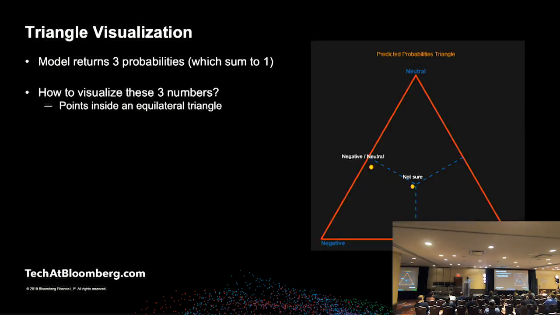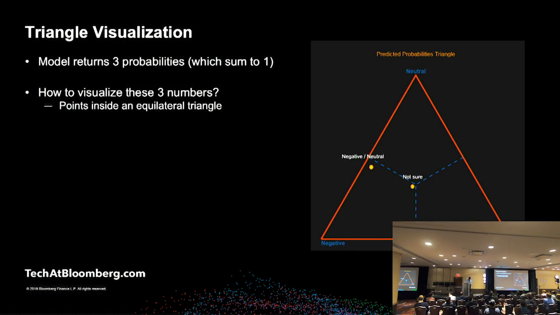A quick intuition on the triangle visualization. So recall that the model returns 3 probabilities which sum to 1. And the idea here is to visualize them as points inside an equilateral triangle. The location of the point and its proximity to the 3 vertices, which represent the 3 labels, gives some indication of the model predicted probabilities.